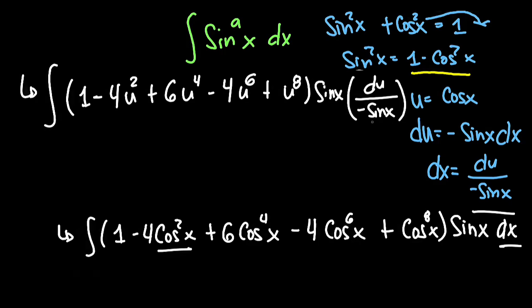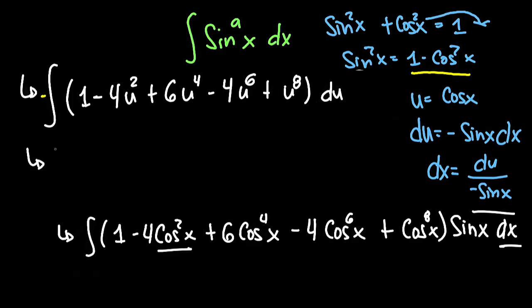You can see here that sine of x would actually cancel, which leaves you with a negative 1 value. You can actually put that outside the integral. So what you're left with here is du. And now you are left with this integral expression.